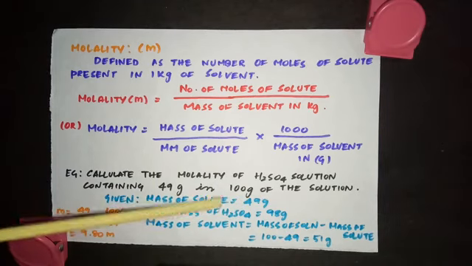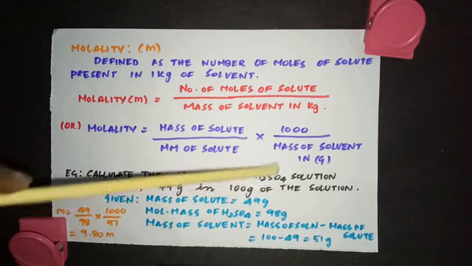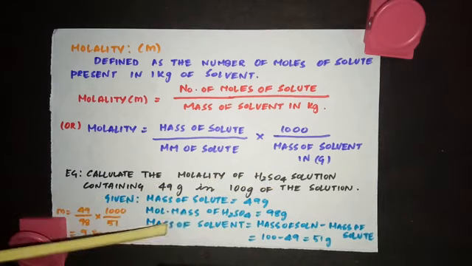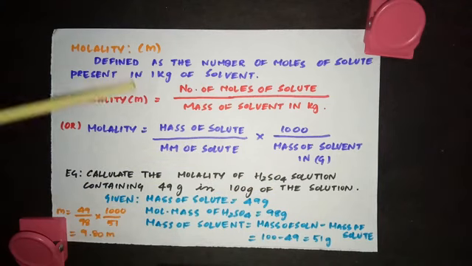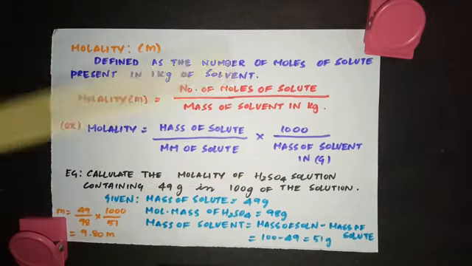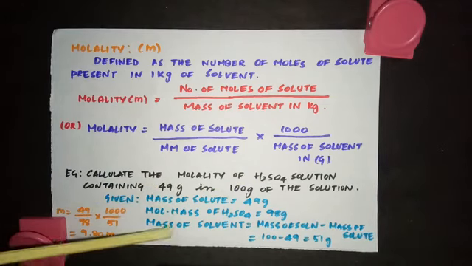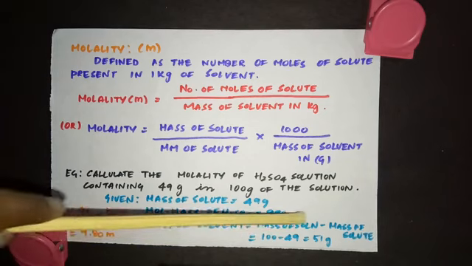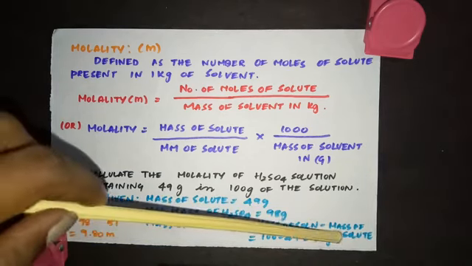The molar mass of the solute, which is sulfuric acid, is 98 gram. Why do we need the mass of solvent? Because to calculate the molality, I need the mass of solvent. But what is given in the question is the mass of solution. But I know the mass of solute also. So mass of solvent will be equal to mass of solution minus mass of solute. So that gives me 51 gram.